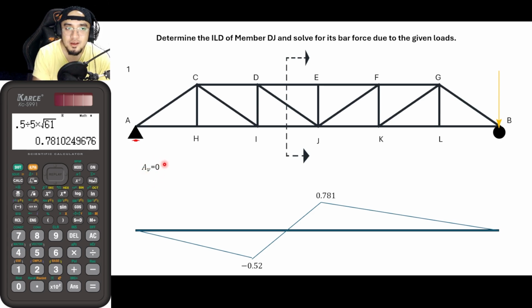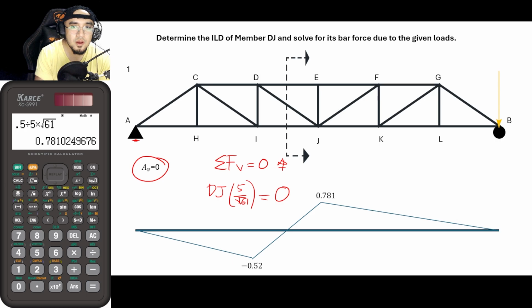If AV is equal to 0, and you cut a section here and get the summation of forces vertical equal to 0, upwards positive, DJ times 5 over the square root of 61 is basically just equal to 0. Since AV is equal to 0, and since the unit load is on the right side of our section, it is neglected in our solution.